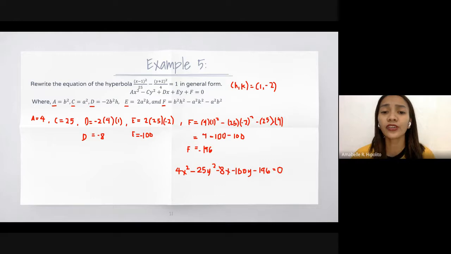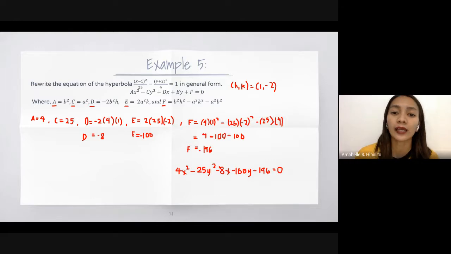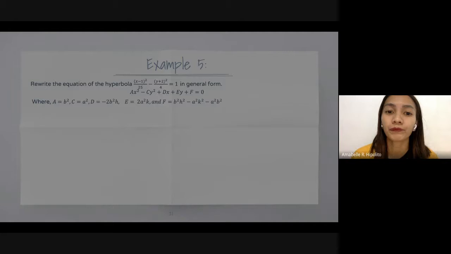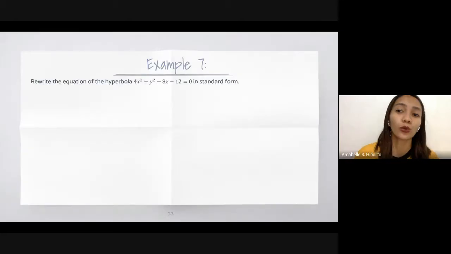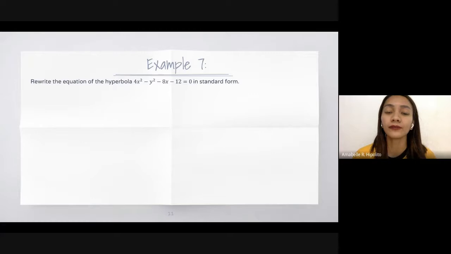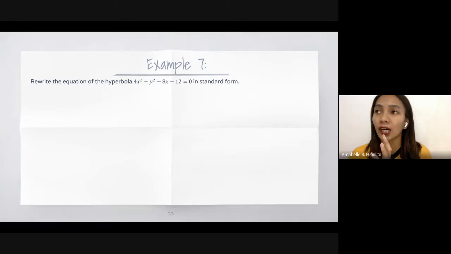On the other hand, if we are going to rewrite from general form and then we're going to make it in standard form, there is only one method. Okay? So, hindi po natin pwedeng gamitin yung method B, which is by using the values of A, C, D, E, and F. So, we cannot use that method.